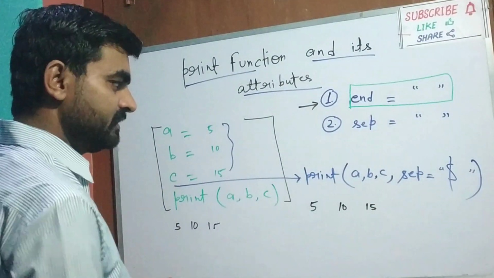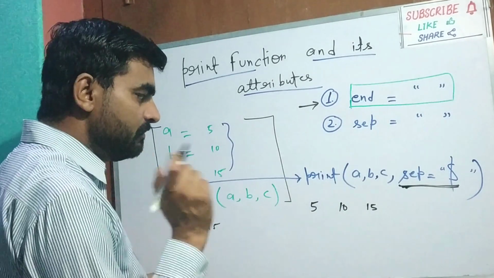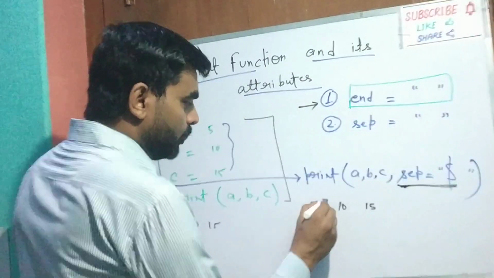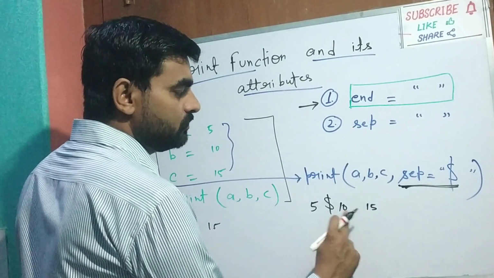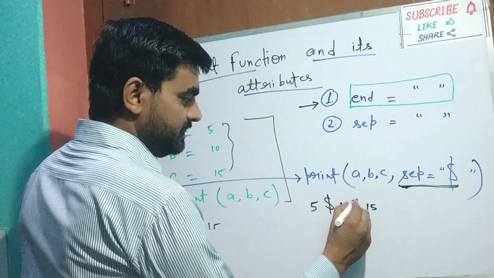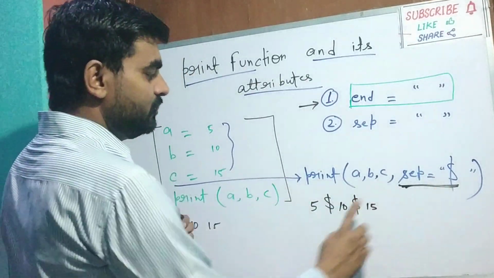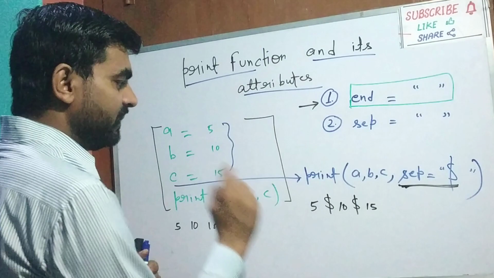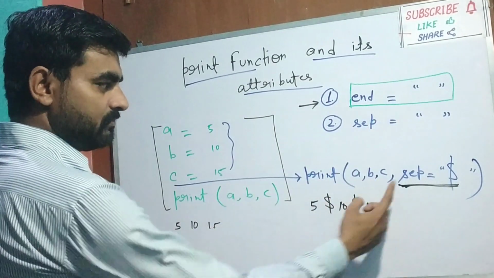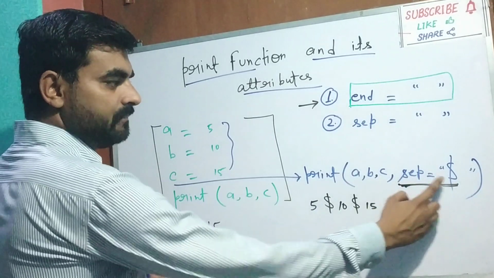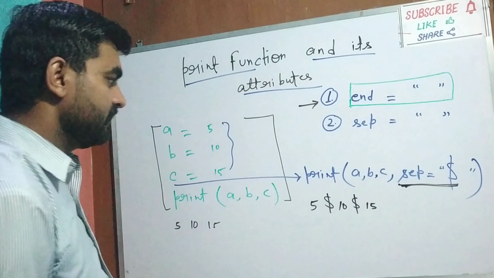But the sep equal dollar sign will make a change, that the dollar sign will separate the 2 values. So the output will be 5, 10, 15 as the values of the variables, but with the help of sep the separator is there, so the values will be separated with this symbol.